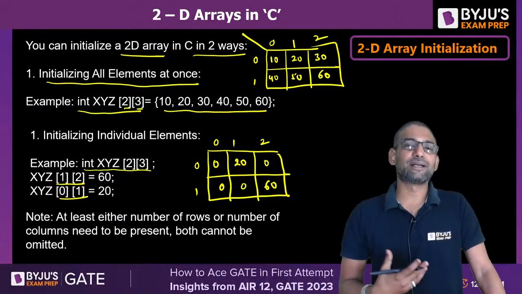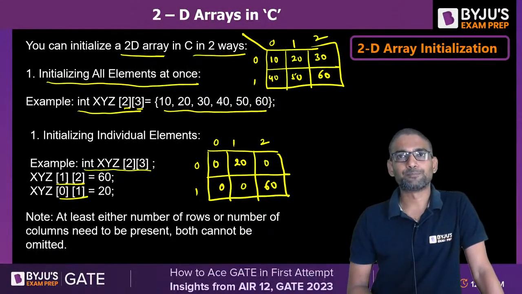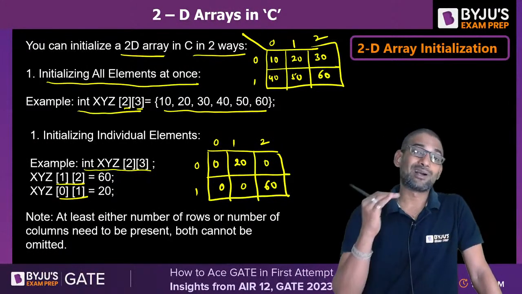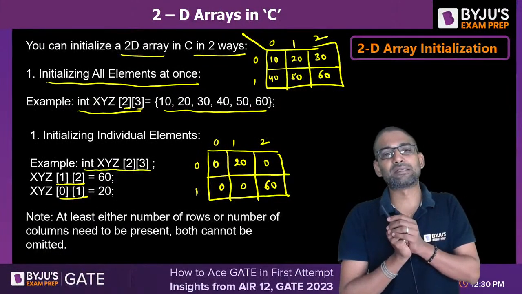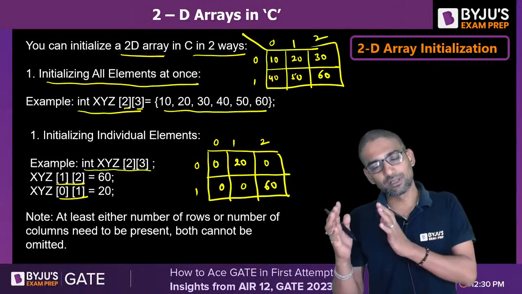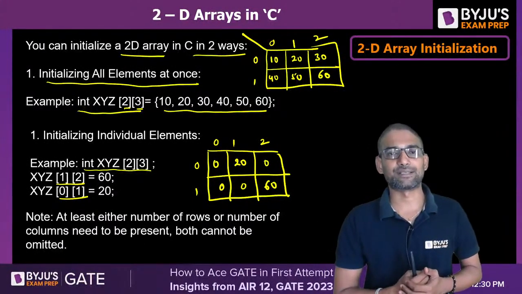Keep responding guys, make the session interactive. Are you able to follow this? And please remember one point. In the one-dimensional array, when you assign the values at the time of declaration, size I said optional. Based on the number of values, size is automatically understood by the compiler, I said.